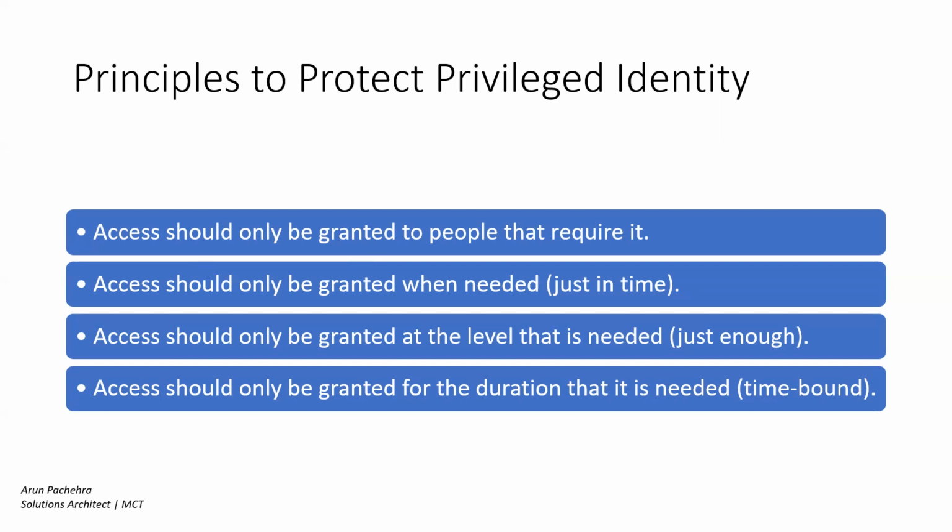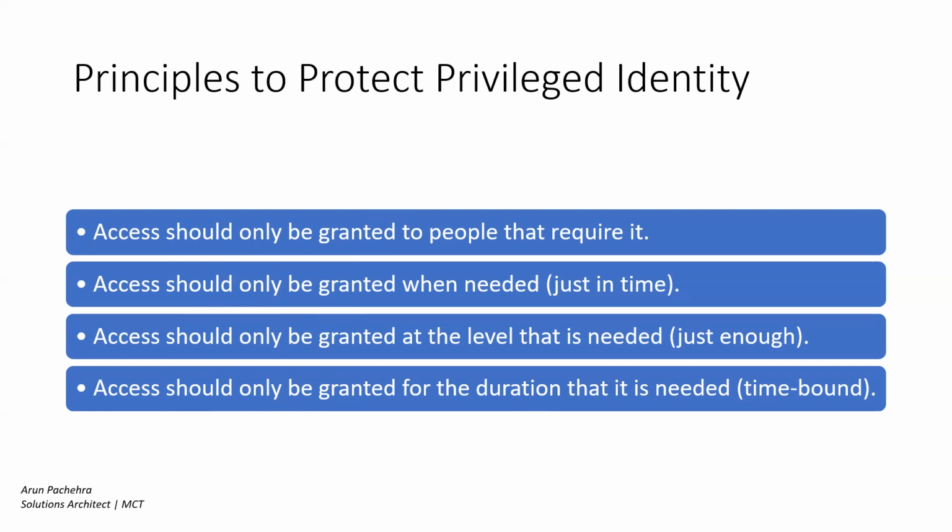When we're thinking about protecting privileged access, here are some principles that we may want to adopt, and all these would be fulfilled in a certain way with the help of privileged identity management, which is an Azure AD Premium P2 feature.